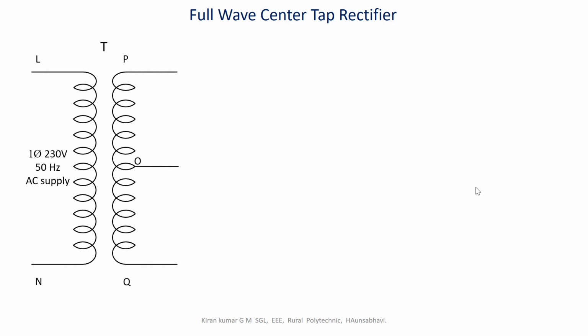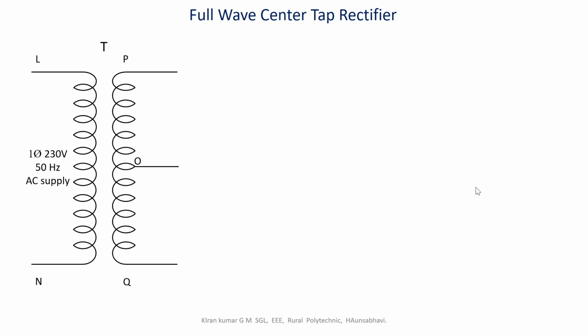The upper half of the secondary and the lower half of the secondary are divided by the center tap terminal O, wherein the upper half voltage and the lower half voltage are exactly the same but reverse in polarity.